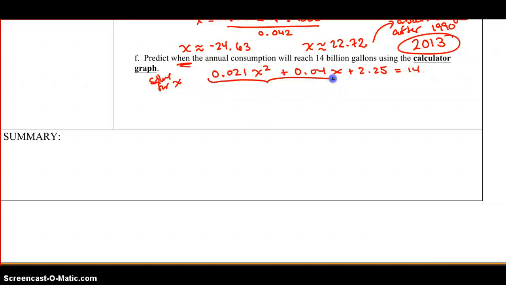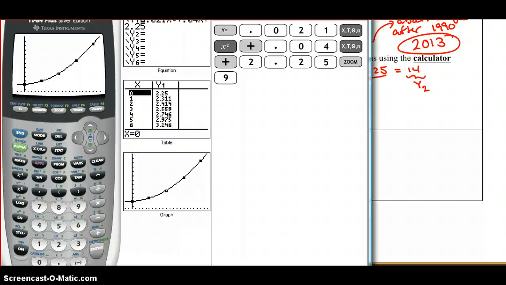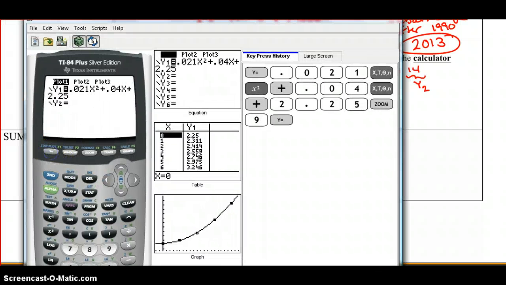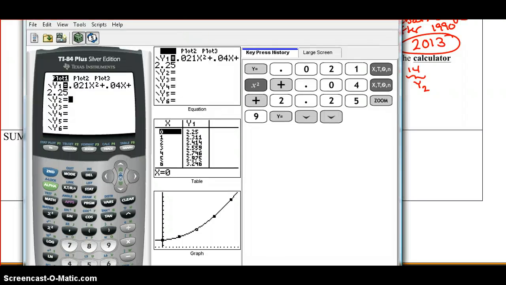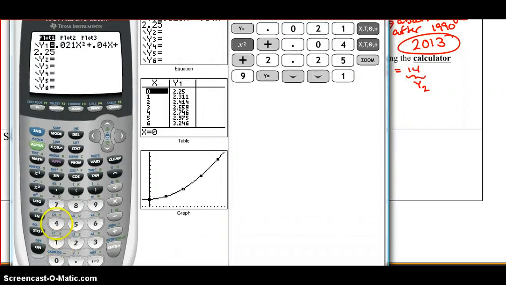So to solve using our calculator graph, we're going to put the left side of the equation next to y1 and the right side of the equation next to y2. So if we go into y equals, we've got 0.021x squared plus 0.04x plus 2.25. And next to y2, we're going to type in 14.